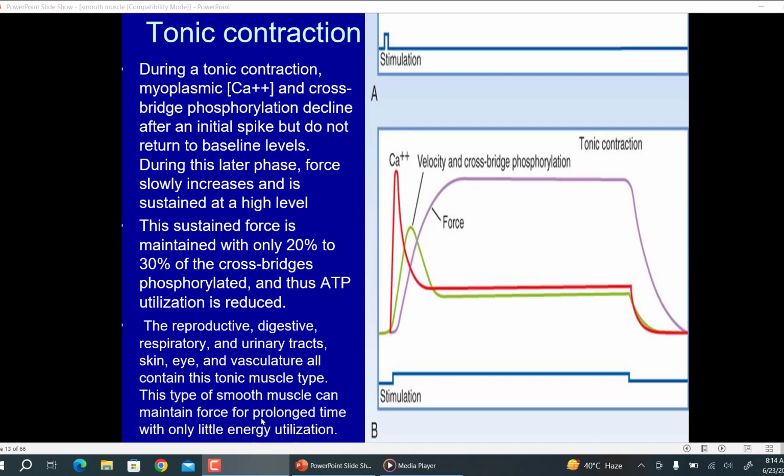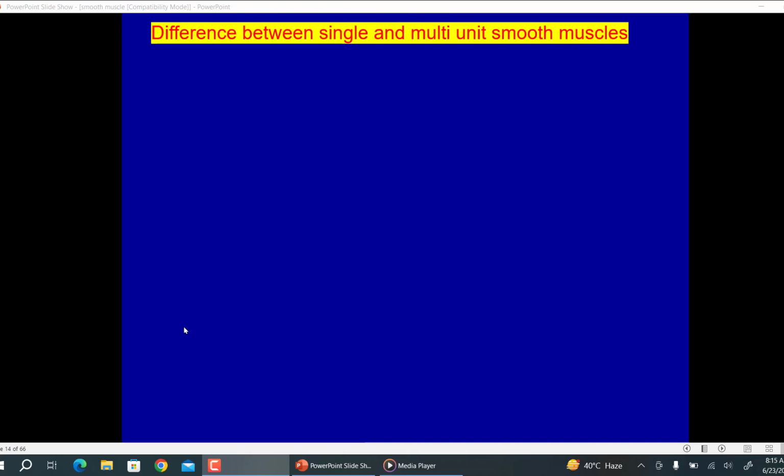Like in the digestive system, we need a prolonged contraction of the muscle, in the respiratory tract and also in the eye when we focus at one point, so we need the contraction or relaxation of muscle for longer duration. So it is carried out by tonic contraction, and the mechanism of tonic contraction is that initially all the things reach their peak but don't come rapidly to the baseline. So this type of contraction is called tonic contraction.